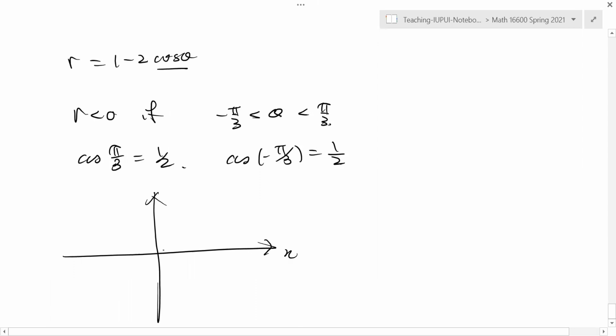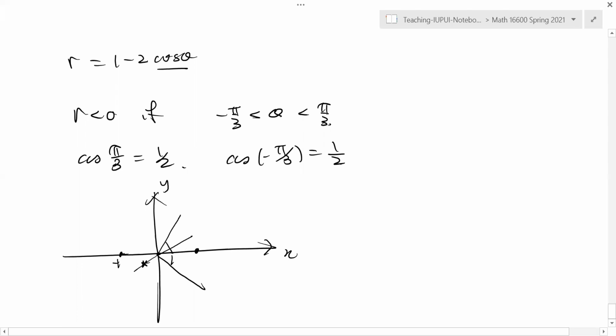Imagine these two angles. If the angle is between negative pi over 3 and pi over 3, your r is negative, so you only draw the picture on the other side. When theta equals 0, r is going to be -1, so the point is here.